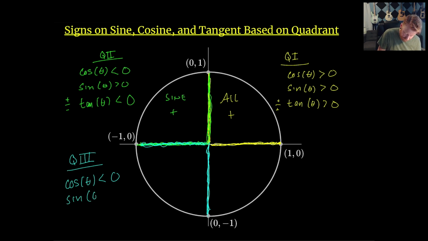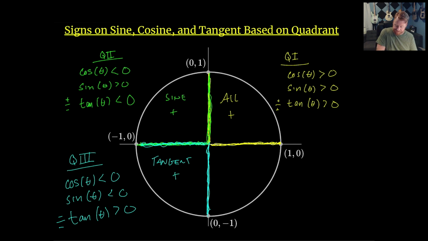So we have sine of theta also being less than 0. If we wanted to talk about the tangent, well, remember that the tangent is the ratio of the sine and the cosine. Here we have a negative over a negative, which is positive. So here the tangent is actually positive since we're taking the ratio of two negative values. So here we can say the tangent is positive.